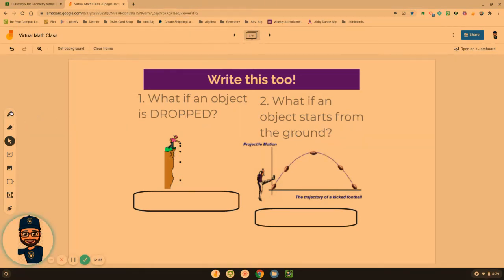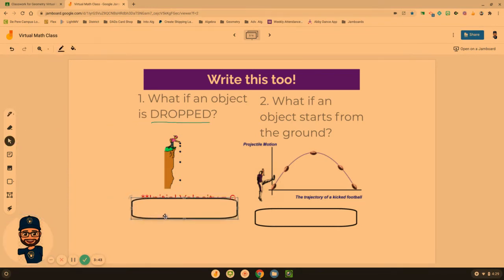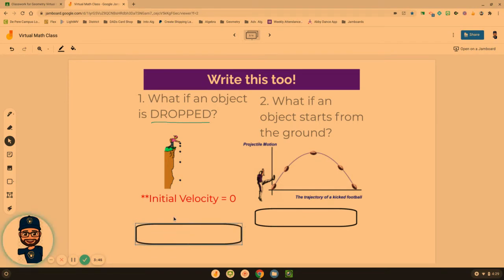If something is being dropped, the key word here is dropped, it has 0 for the upward initial velocity. Right? We're not throwing it up into the sky at all. We're just putting our hand out and letting it go. Parachuters falling out of a plane if you're skydiving or something like that. Right? It doesn't have an initial upward velocity, so it's 0.